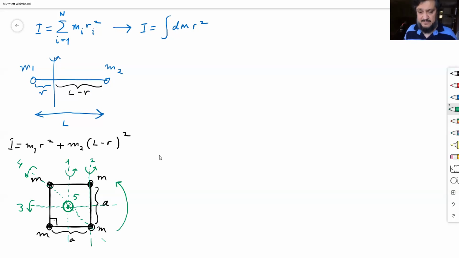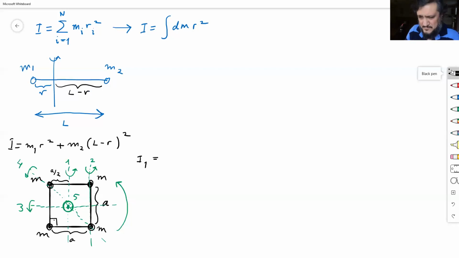The method is exactly the same. It's the individual masses times the square of the distance between the masses and the axis of rotation. So let's start with I1 here, this axis. We have 4 masses, and each of them is half of a away from the axis. This is a over 2, and the same applies to the other 3 as well.